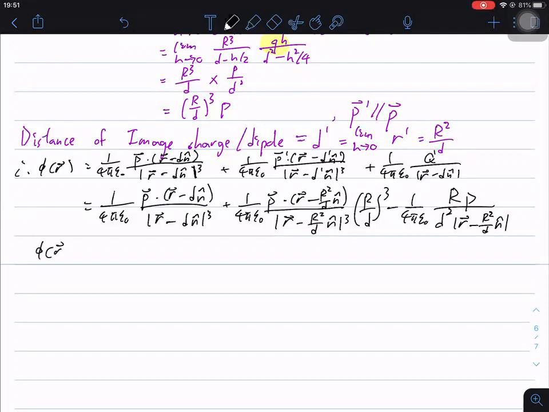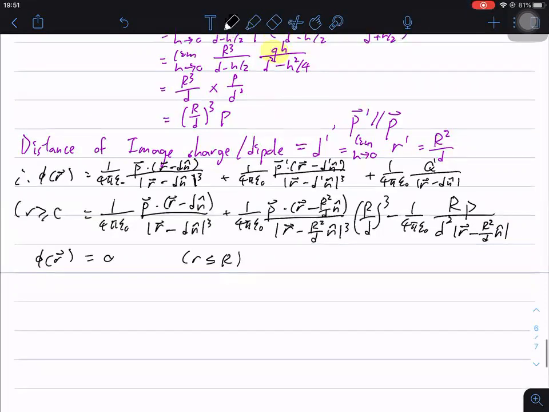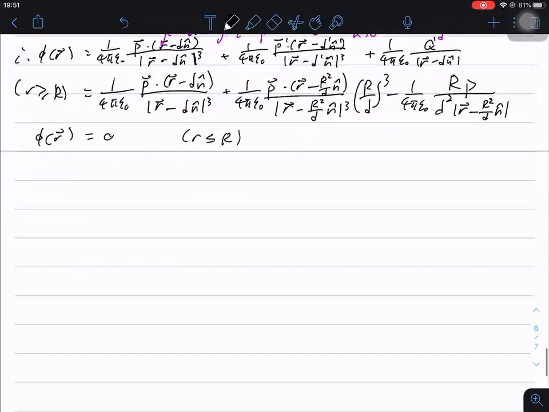And of course, don't forget, the potential inside the sphere is always 0. Okay, so that's the solution of 2C.